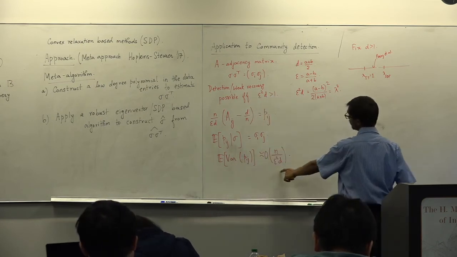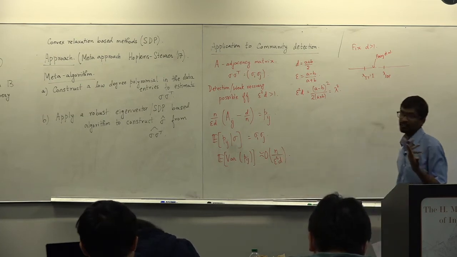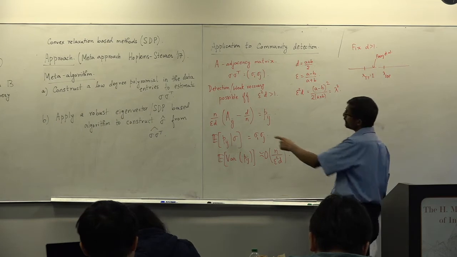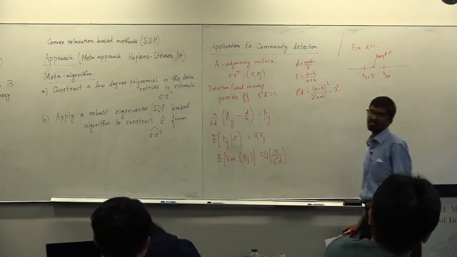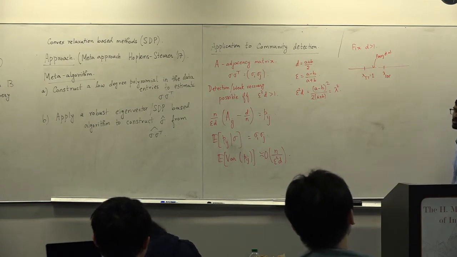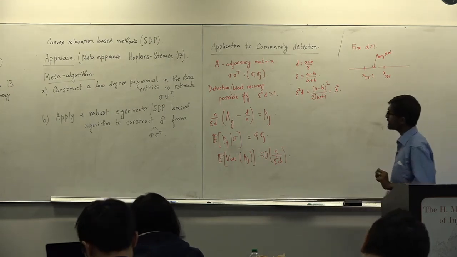Epsilon squared d is a constant and n is very large. So this is a low degree estimate for sigma I sigma j, but the variance is very large. So there's too much noise in this estimate and it doesn't really help. Okay, that's fine.